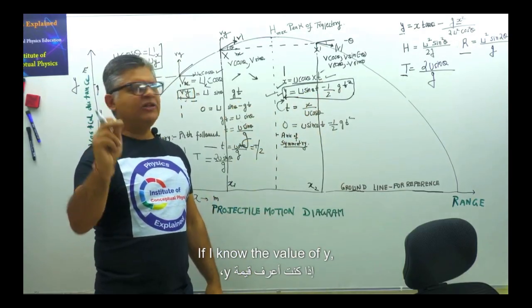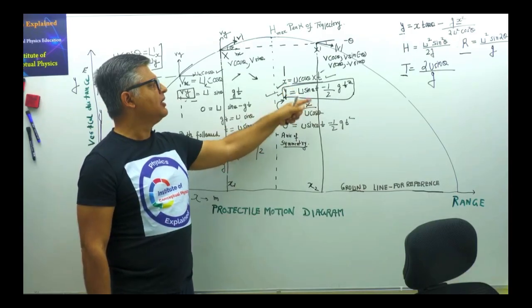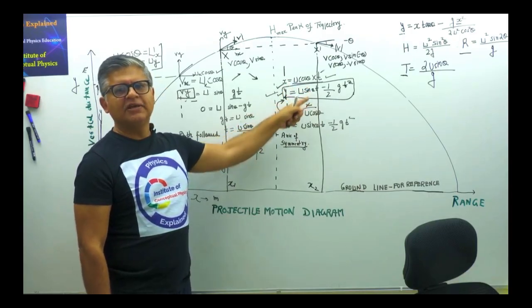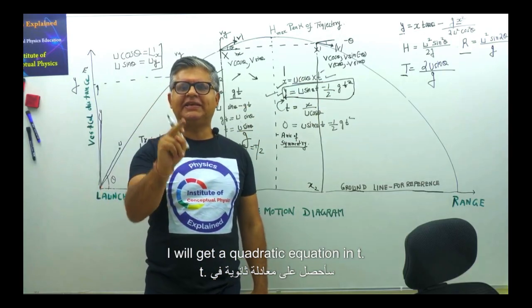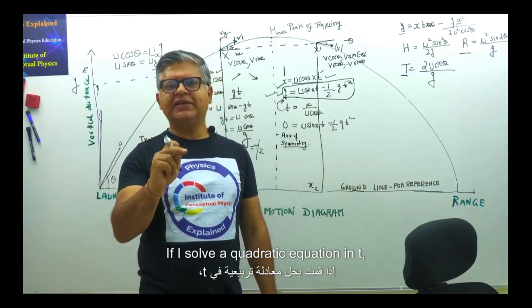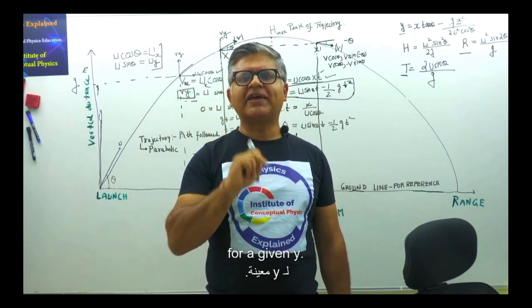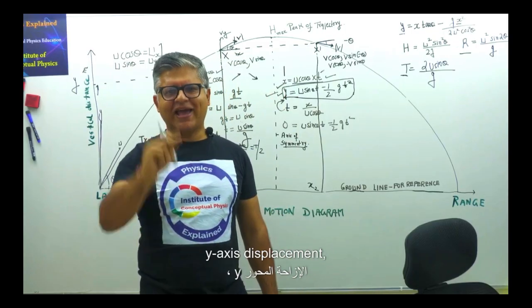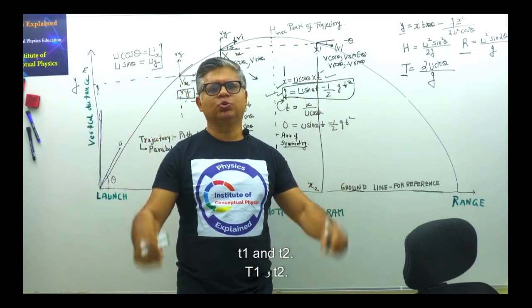If I know the value of y, my initial velocity of launch, and my angle of projection, and I substitute them, I will get a quadratic equation in t. If I solve it, I will get two values of time for a given y. So for a given y-axis displacement, two times t1 and t2.